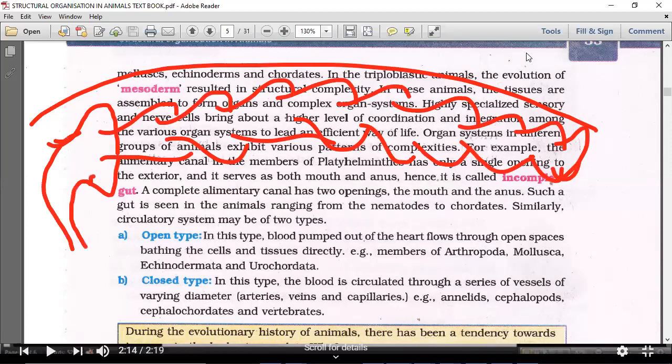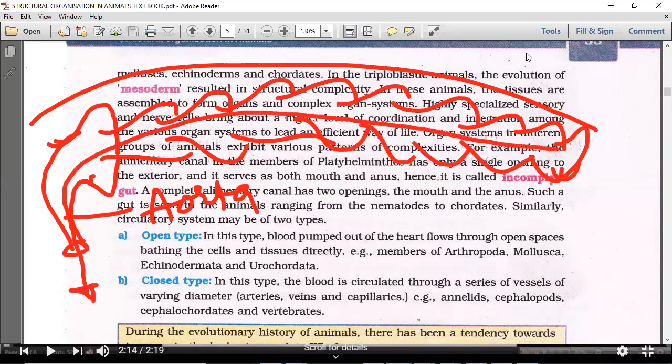In the anterior, the first chamber has a blood vessel, which we call aorta. From the heart, the blood is pumped into the body cavity. There are no blood capillaries here. The blood is pumped into the sinuses, the body cavities.